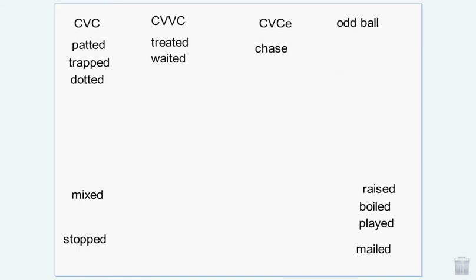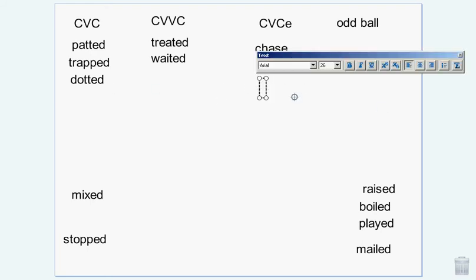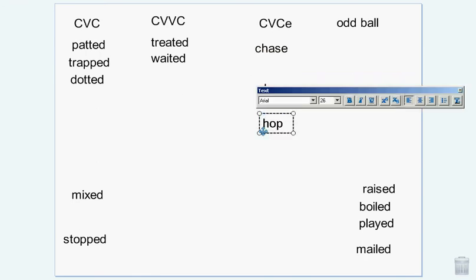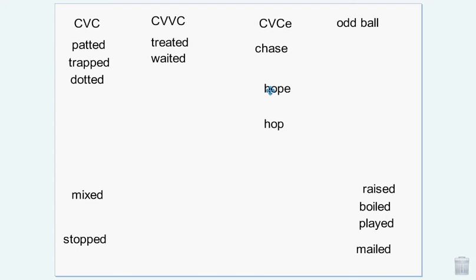Another great word that isn't on your list just yet, but I'm going to put up here to show the difference between CVC and CVCE is going to be hope and hop. Hop is CVC, H-O-P. Hope is CVCE, H-O-P-E.